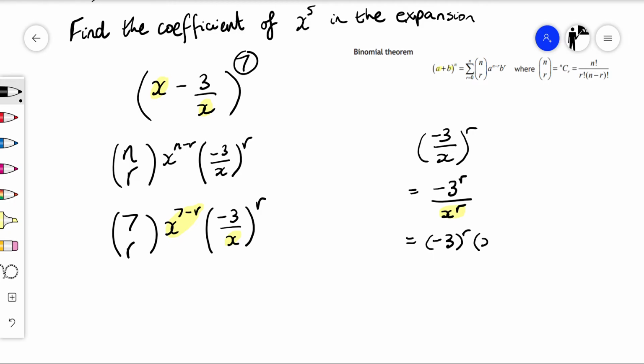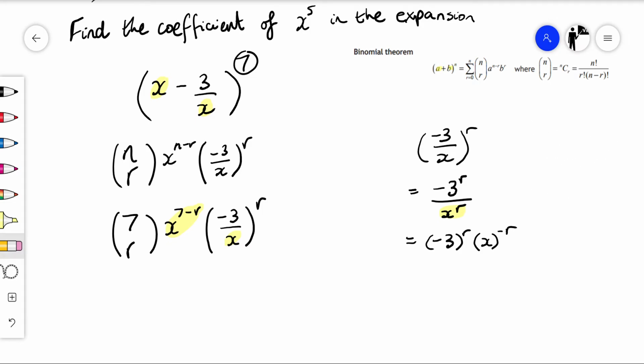So we can rewrite this as minus 3 to the power r times x to the power minus r. Just like in National 5 when you learned that if we had 1 over x squared, that would become x to the minus 2. Well, here we've essentially got 1 over x to the r, so that's going to become x to the minus r.